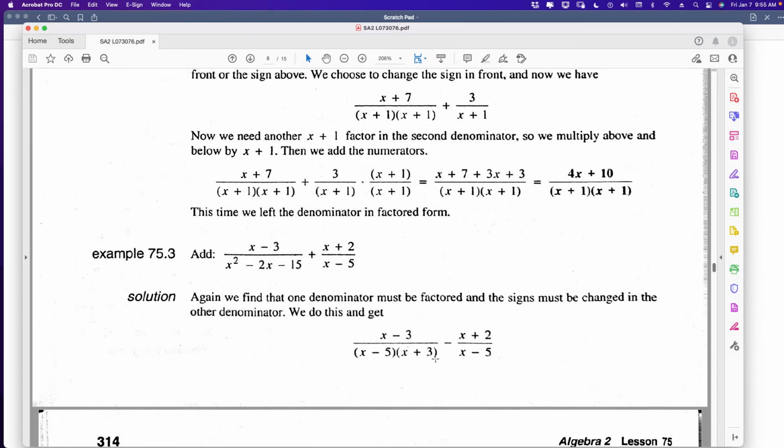There is no reason to change the sign because it's already x minus 5. This says we find that one denominator must be factored. Okay, we did that. And the signs must be changed in the other denominator. No, they don't, because it's already factored the right way. So we found a boo-boo in the book.